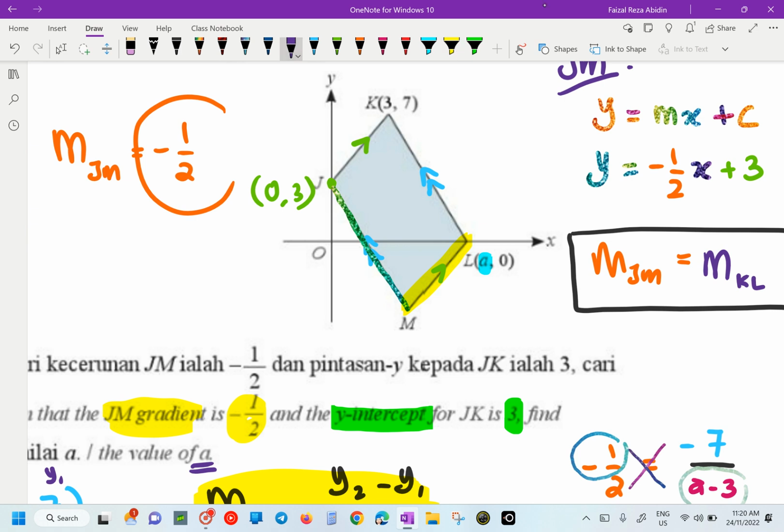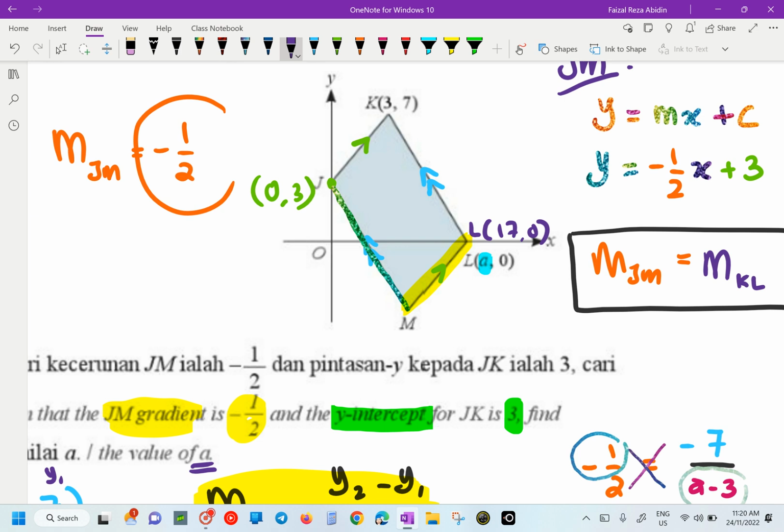Okay, means that we have our point of L here is 17, 0. Do we have our M? No. If I don't have my M there, can I find my gradient for that one? Cannot. So how do we want to find M?